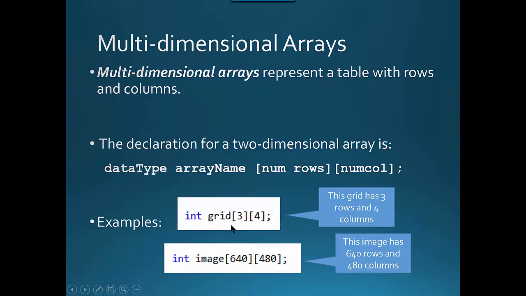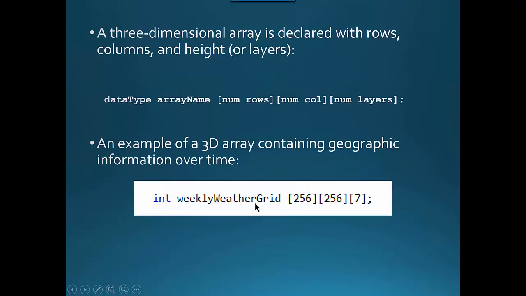be represented this way. If we wanted something to represent an image on a screen, it could be represented with an array of ints with 640 by 480 if that was the size of your screen or your image.